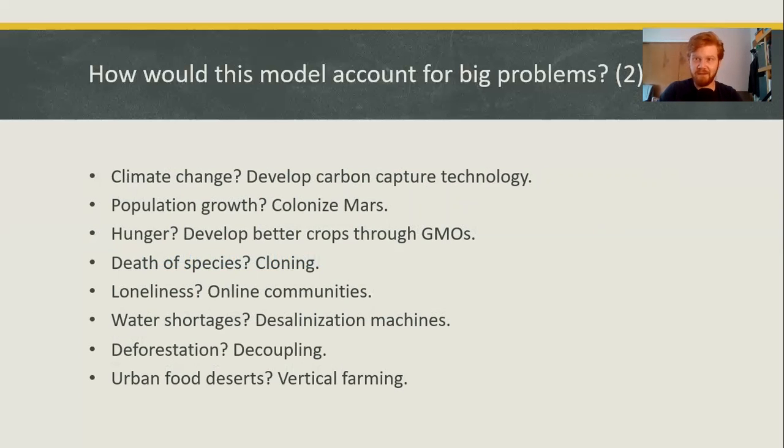Oh, sorry. First, death of species. We don't have the woolly mammoth anymore, but we could bring it back through the power of cloning. And then, by the way, somebody can make a little bit of money because they can patent the gene. What about loneliness? Well, if you're isolated, say during a pandemic, we have Zoom.